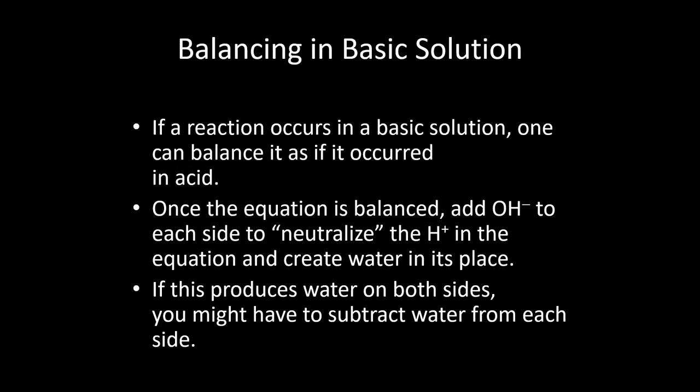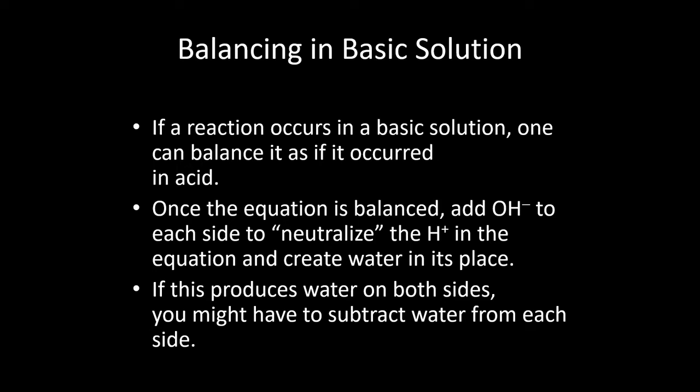If we're making that assumption that the redox reaction is occurring in a base, and we're trying to balance that reaction with that assumption, truthfully, the process for balancing is almost exactly the same. The only difference is we're going to make an adjustment at the very end.